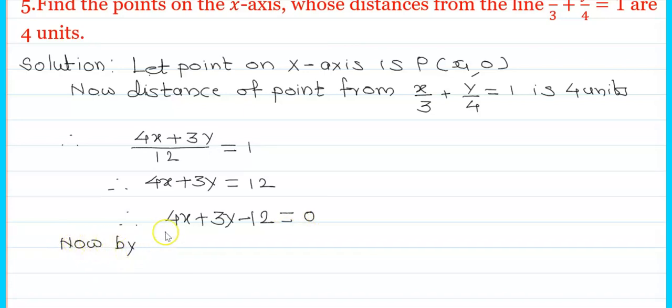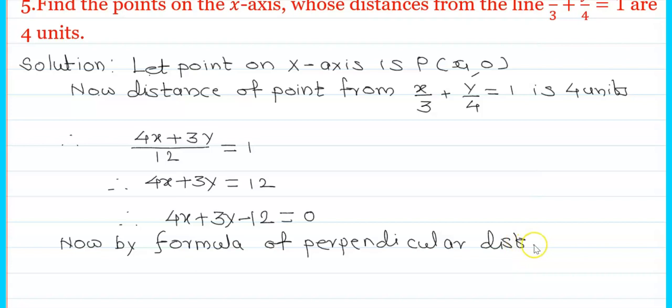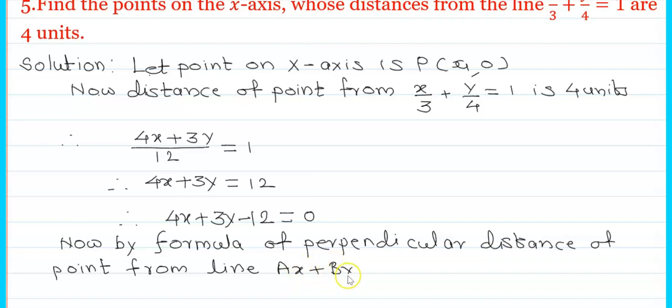Okay. Now, by formula of perpendicular distance of point from line AX plus BY plus C is equals to 0, which is the point?